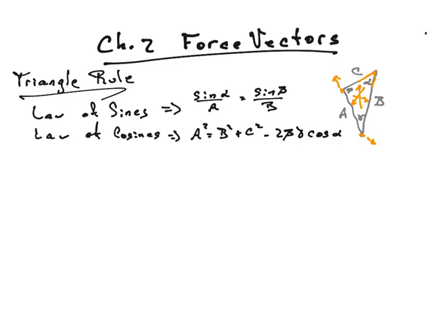I'm sorry, not beta and gamma, BC cosine of alpha. I apologize. So A squared, the length of side A squared, is B squared plus C squared minus 2BC cosine alpha. And it's basically like a generalization of the Pythagorean Theorem.